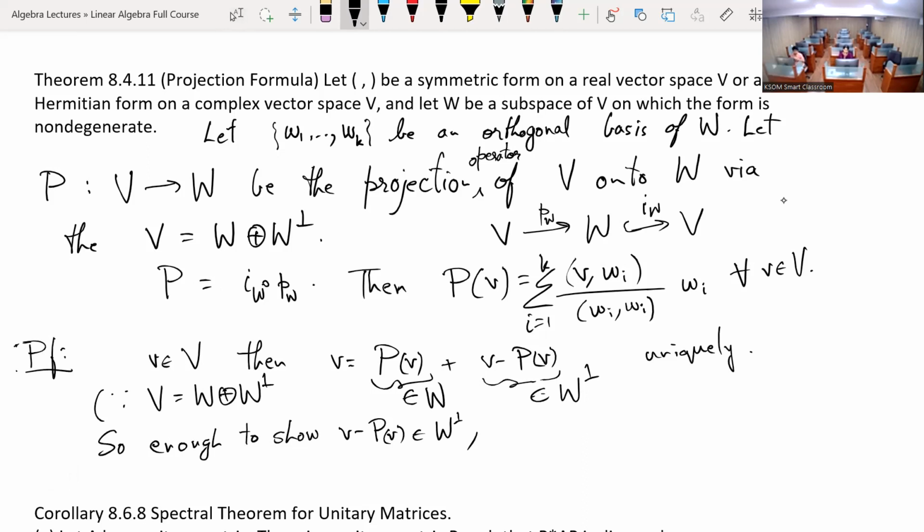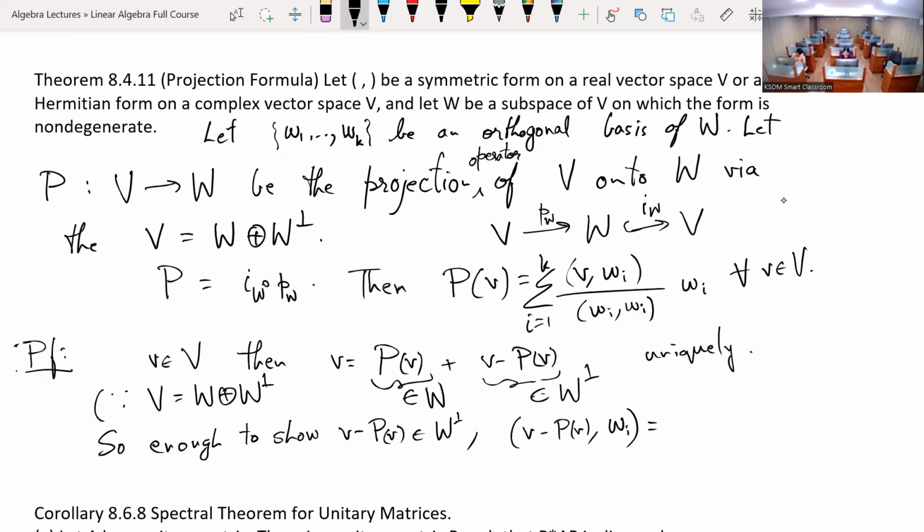So the inner product of V minus PV with WI. Let's compute this. So you just apply this formula. Or let's write it as PV minus V. It doesn't matter.